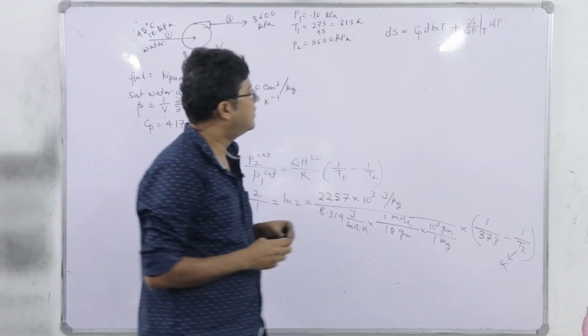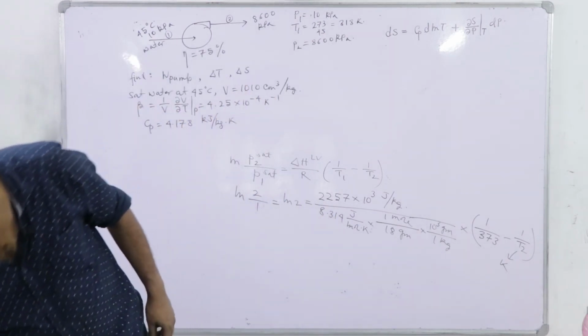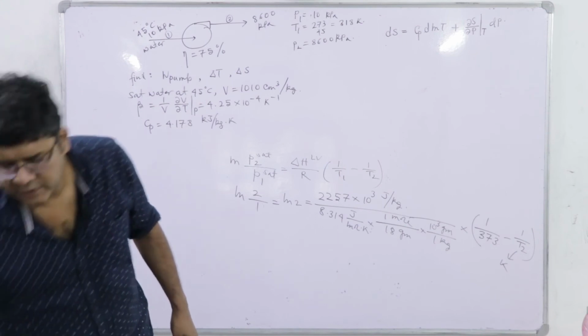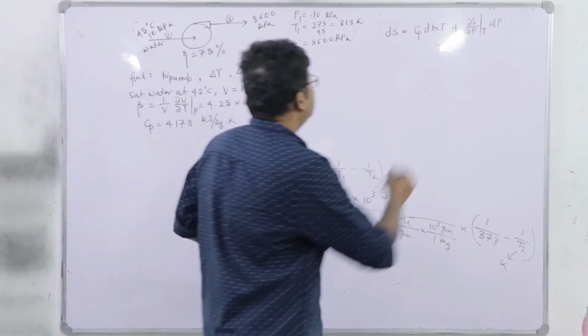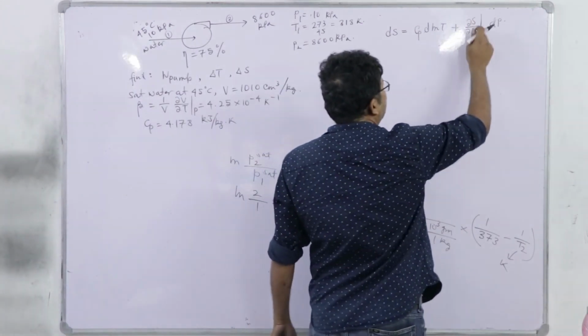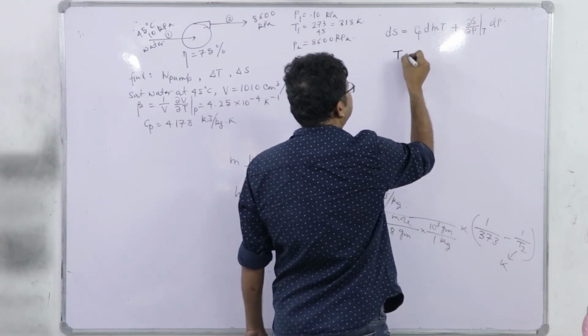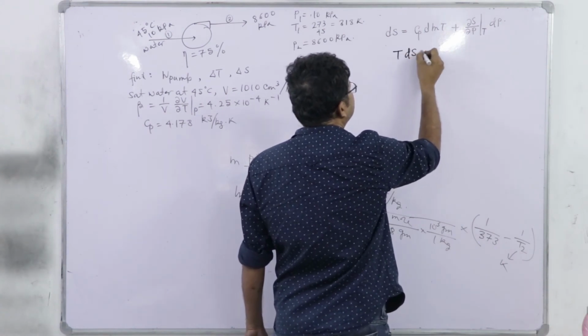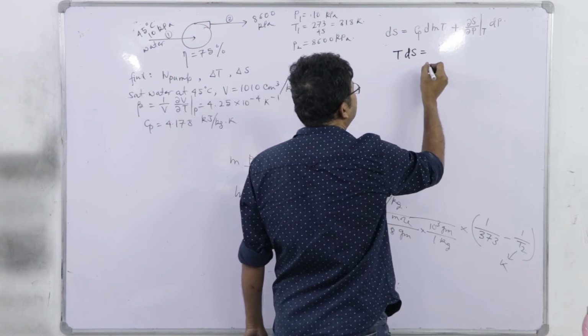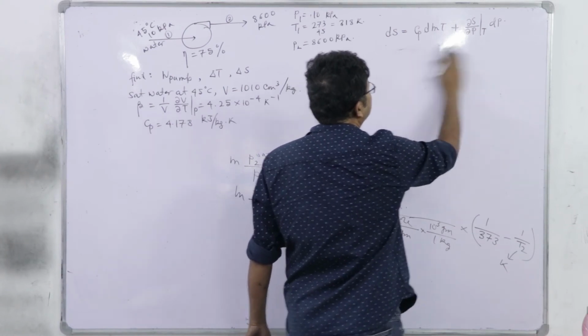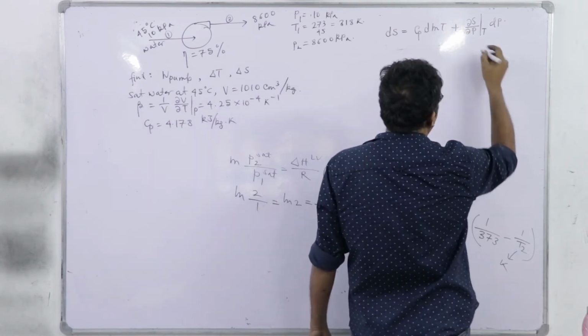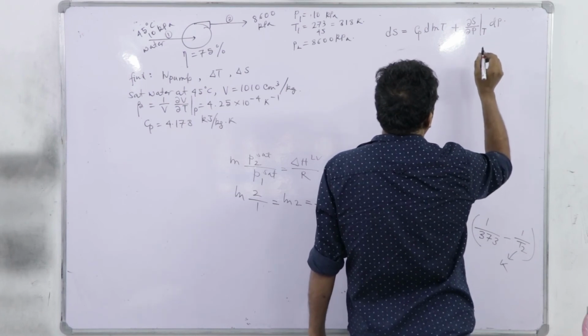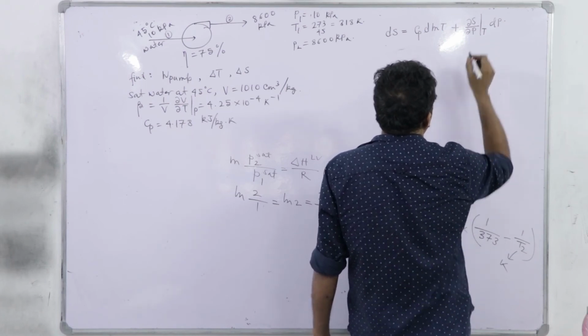The basic property relation we are using here. So, you see that this we have to solve, and we know that TdS, del S del P we have to replace, right. So, here we have to use the appropriate Maxwell relation.